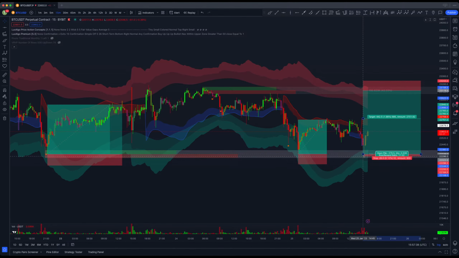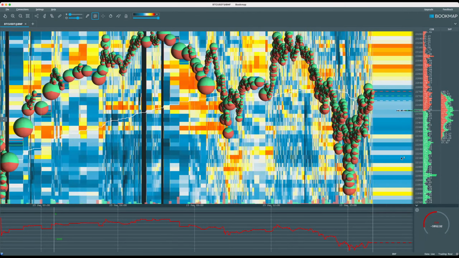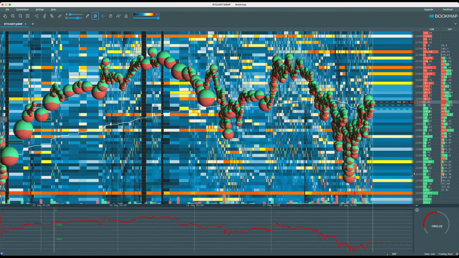Now, what Bookmap provides is a much tighter stop loss, because you can clearly see where the order block on Bookmap is. If I say the bottom of the order block here is 22,278, well, actually, Bookmap is slightly higher. Let me just show you what I mean. It's literally 22,300.